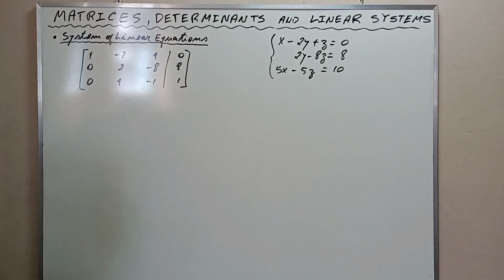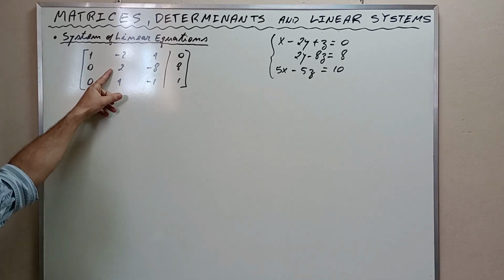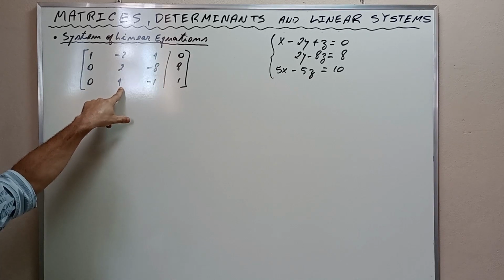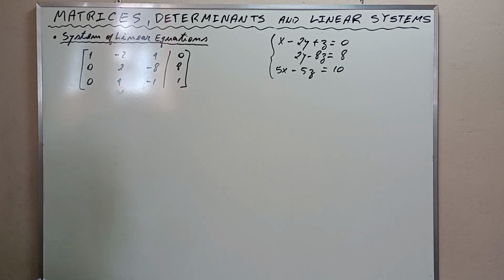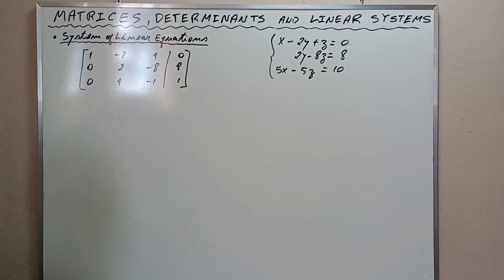The next step is to use row 2 and row 3 to put a 0 here, okay? This is what we are going to do. What if we multiply row 3 by negative 2?